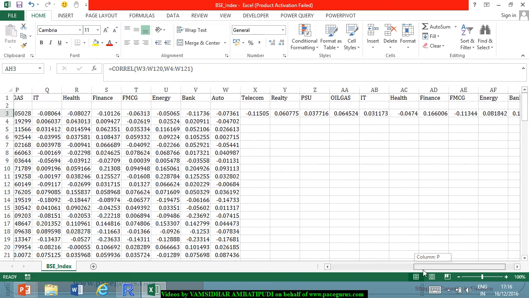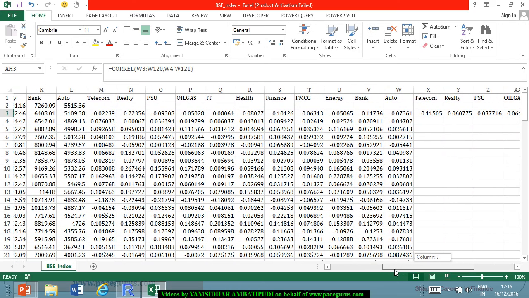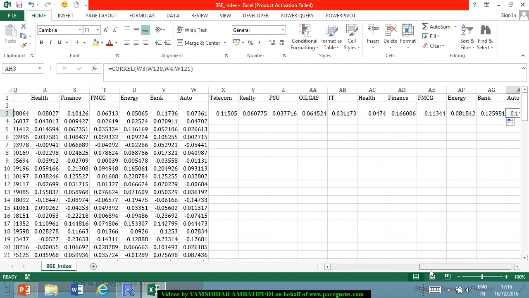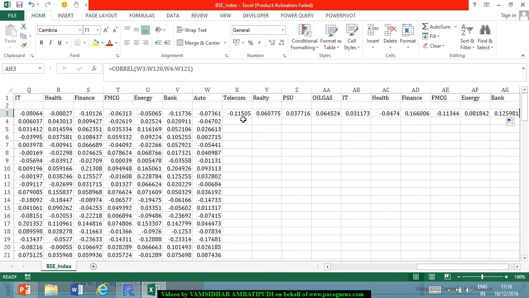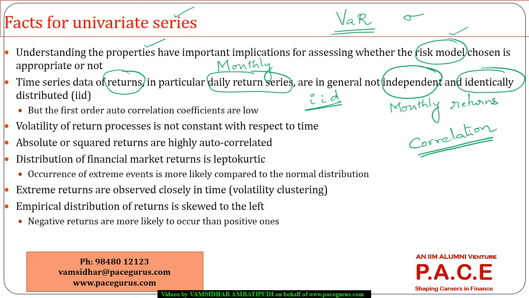So it's not that the correlation does not exist at all, that it can be completely ignored. That is one point we are trying to make here. They are not completely independent, right? There exists some level of autocorrelation with a time lag of 1, but what we generally observe is that those correlations are very low, but they can't be ignored.